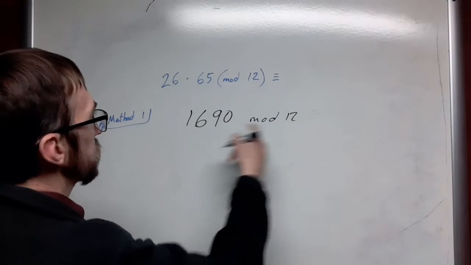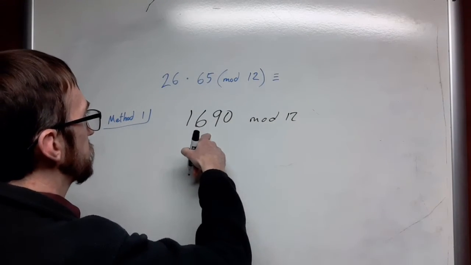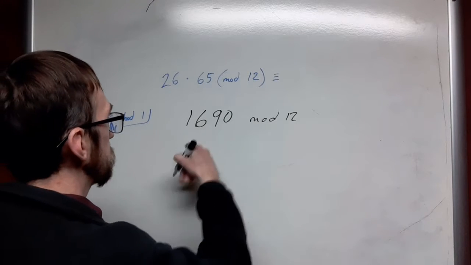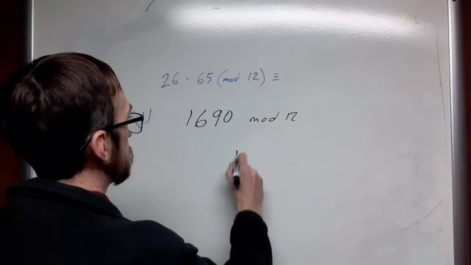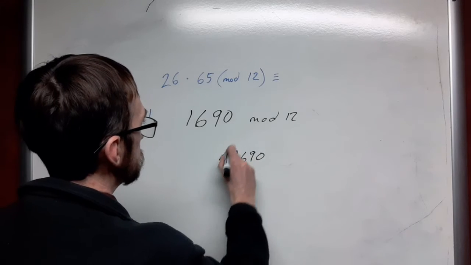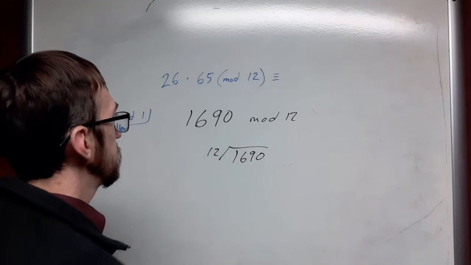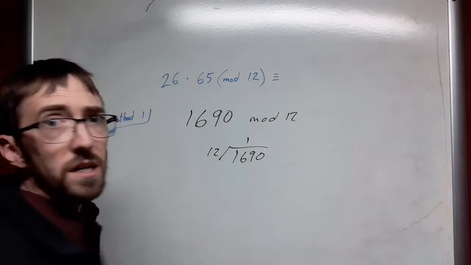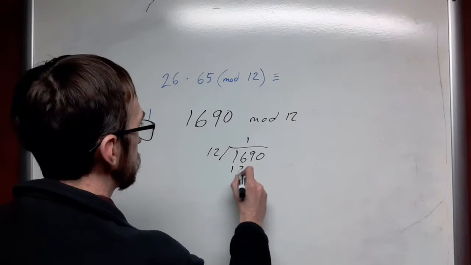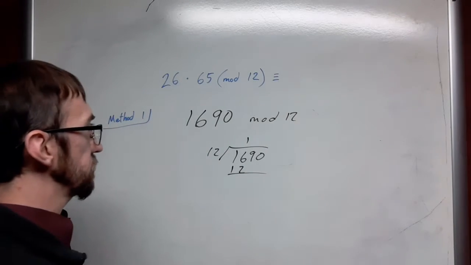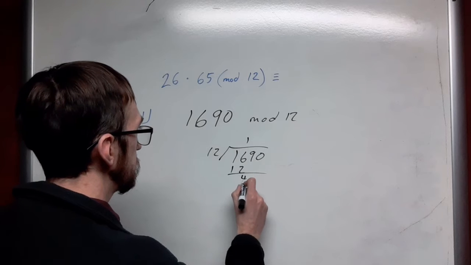And so we're going to look at how many times 12 divides into 1,690. So we're looking at this, and so it'll go into 16 one time, and we just do the long division as normal.